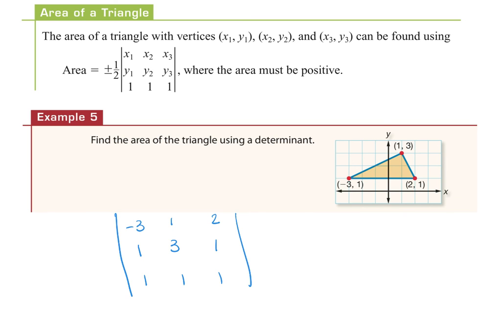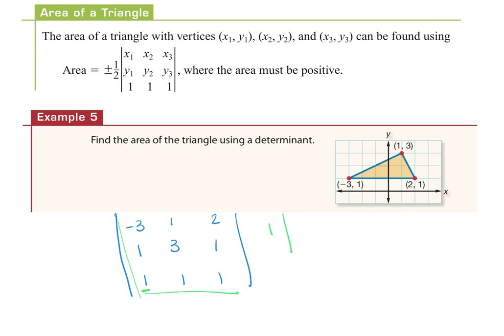Now, personally, I would do the 2 by 2 method here because I have 1's in front of it. And so if I were going to do this, I would actually choose this row and I would do 2 by 2's. So I would say this 1 times the 2 by 2 that's left over.